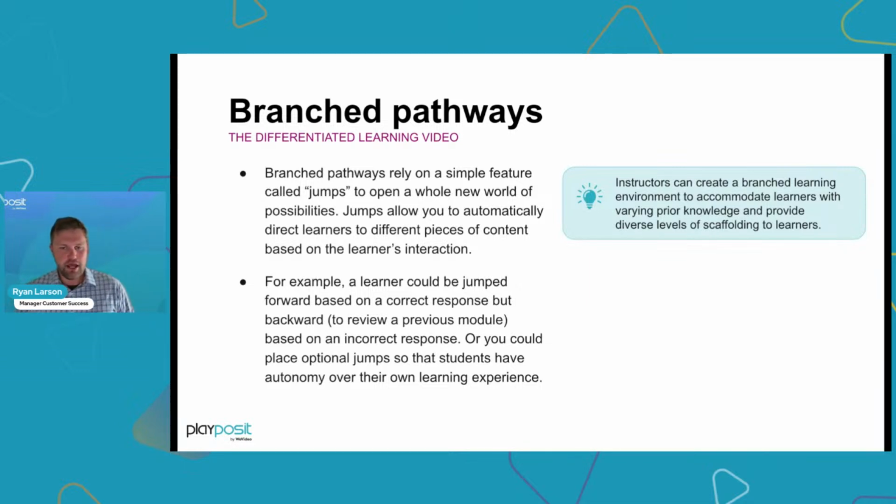For instance, correct answers can advance learners to new material. Incorrect answers can send learners back within the material, so they're learning in those different individualized paths. You can also offer optional jumps to provide learner autonomy, going back to that choice with your learners in choosing their own learning path.